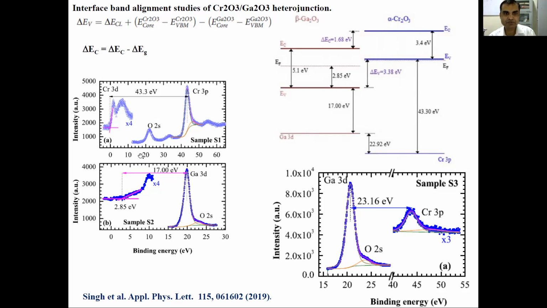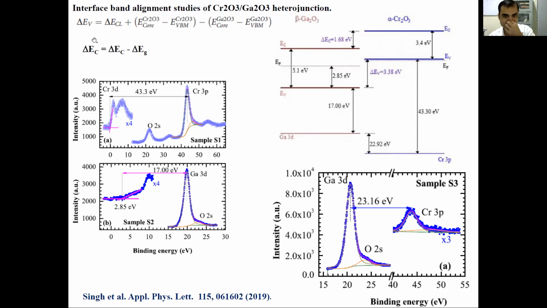Once we have the valence band offset, one can get the conduction band offset by knowing the band gaps of these individual layers. I'm sorry for this equation. This is not delta EC, rather this is delta EV. And in this equation, this is the notation.